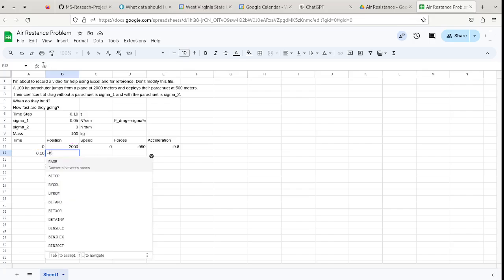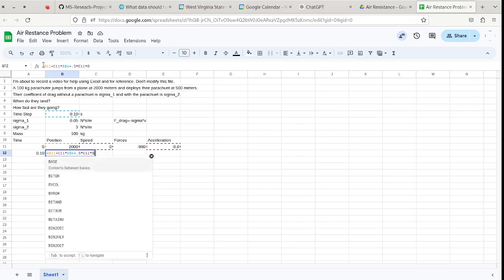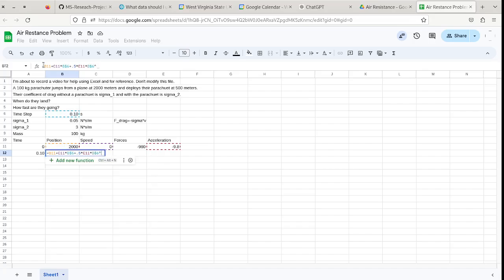Position is B11, the previous position, plus their previous speed, that's C11, try again, C11, times the time step, B$6, plus 1/2 times acceleration, E11, times time step B$6 squared.